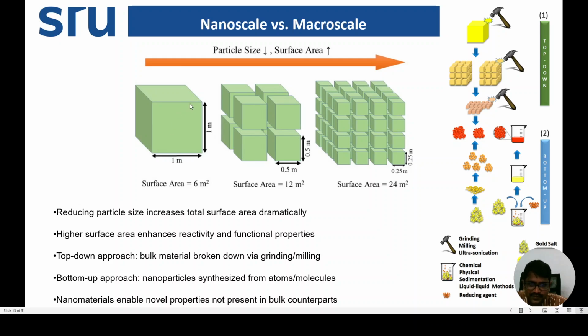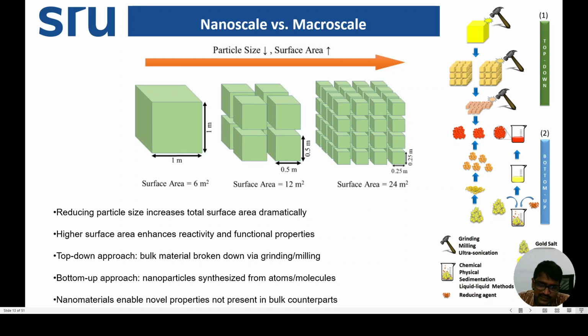In the whole cube only 6 sides are exposed. If you cut it into pieces, we are creating new faces to expose.